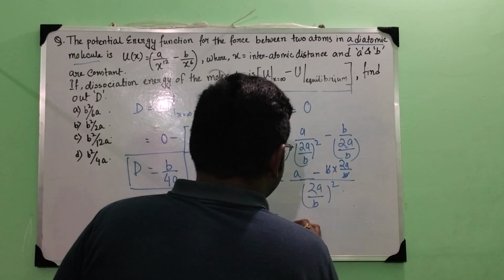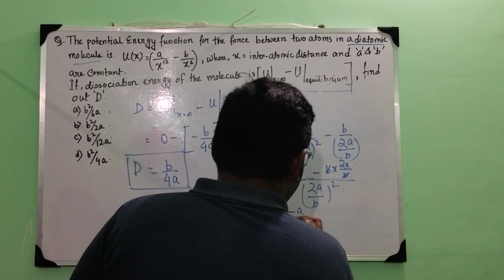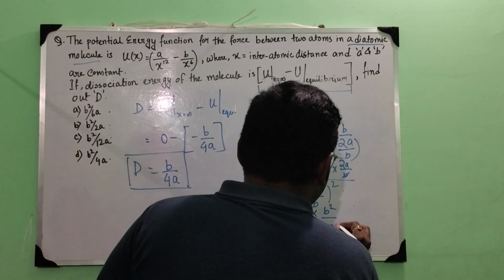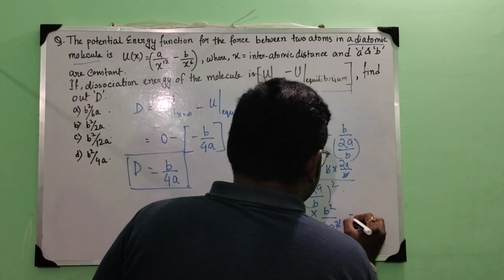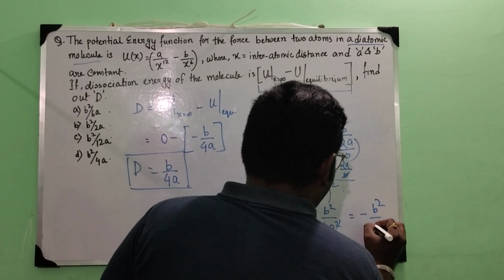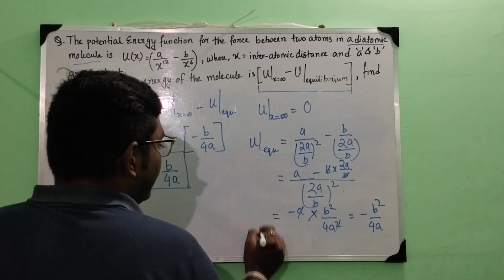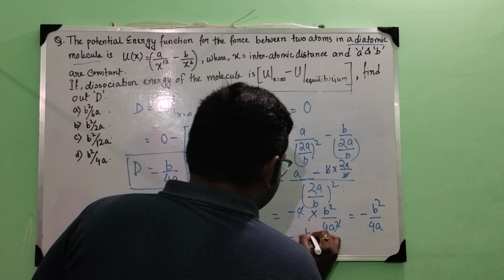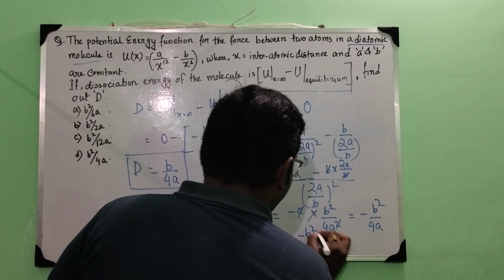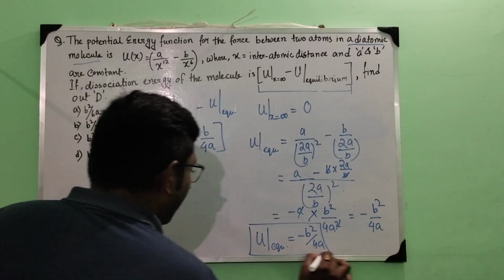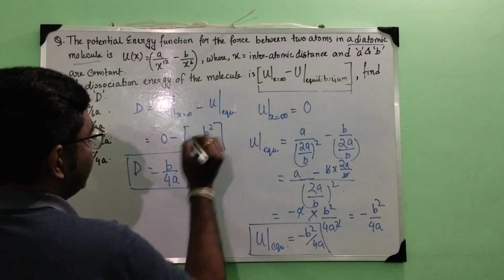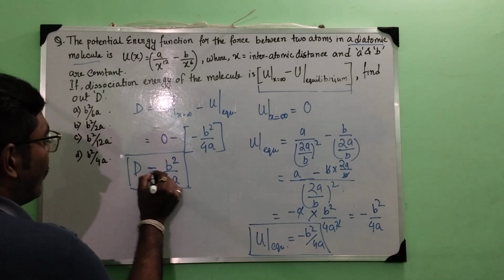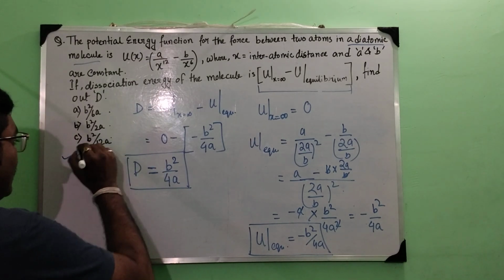So we got minus a into b square by 4a square. One a will get cancelled out, that means minus b square by 4a. So u at equilibrium is minus b square by 4a. If we put this one, the answer will be b square by 4a. So the answer will be D.